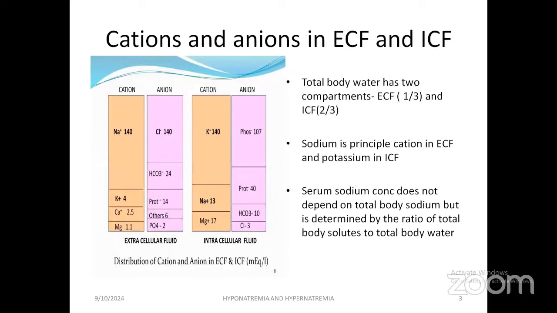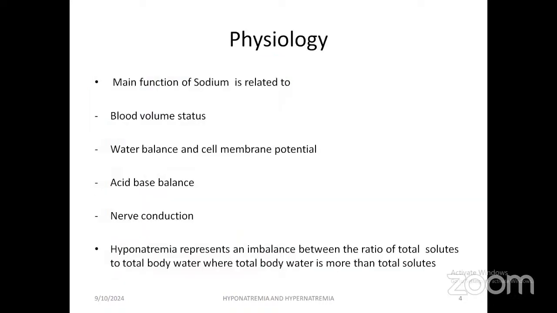Total body water has two compartments, extracellular fluid and intracellular fluid. Extracellular fluid comprises 1/3 of this, and intracellular fluid the remaining 2/3. Sodium is the principal cation in ECF and potassium in intracellular fluid. Serum sodium concentration does not depend on total body sodium, but is determined by the ratio of total body solutes to total body water.